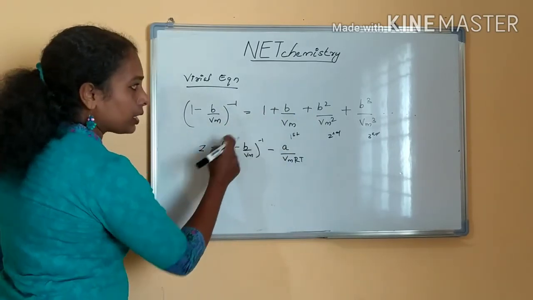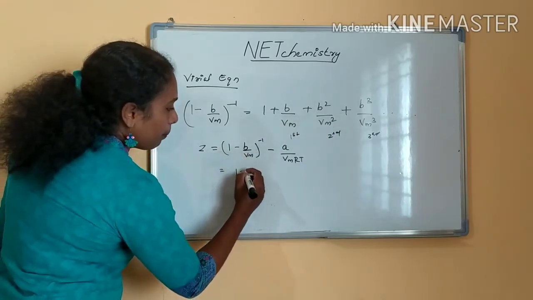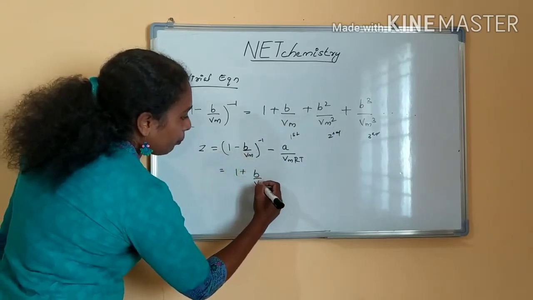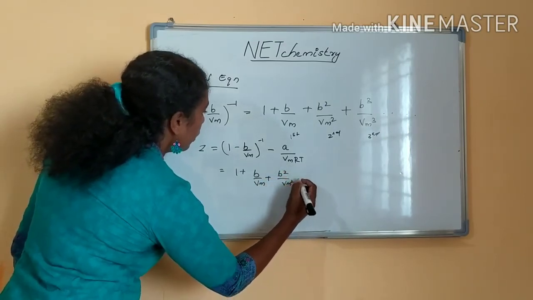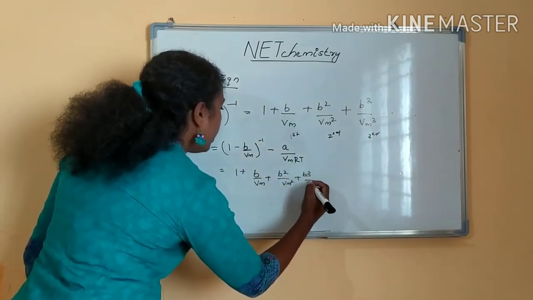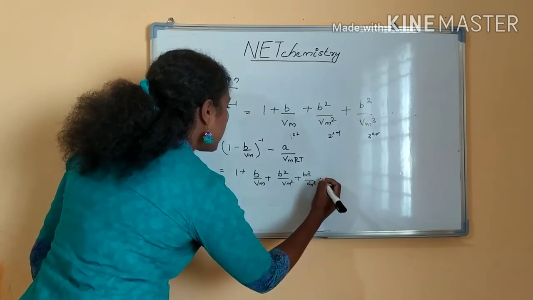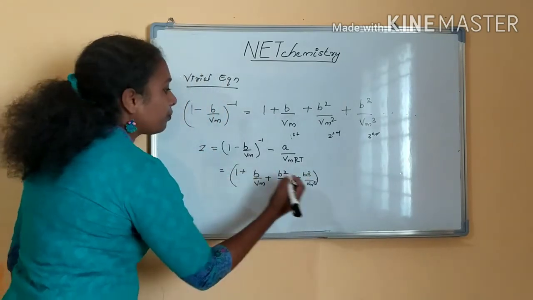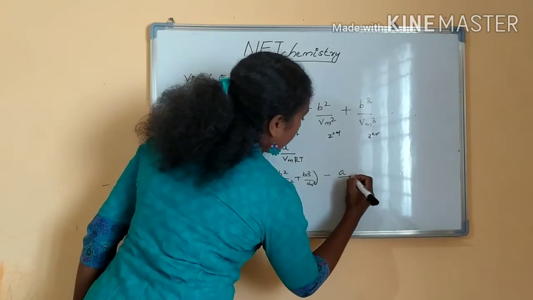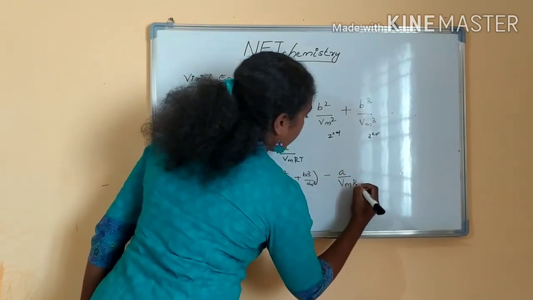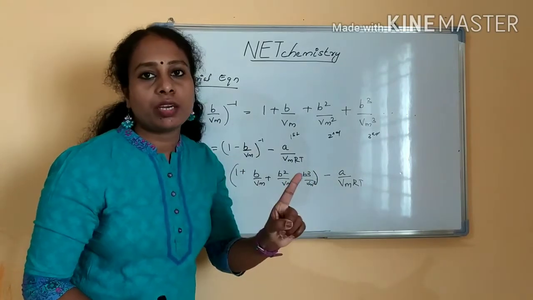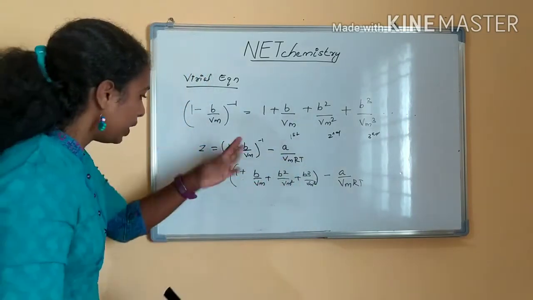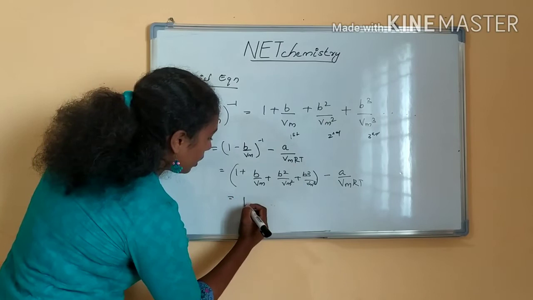I am substituting instead of this one, 1 plus b by Vm plus b square by Vm square plus b cube by Vm cube, etc., into minus a by Vm RT, right? So in this equation we will take only the first virial coefficient, the remaining we are not taking, we are taking the first virial coefficient only.